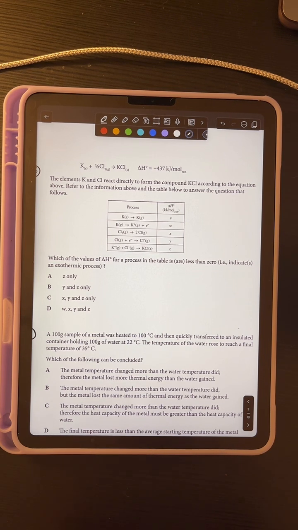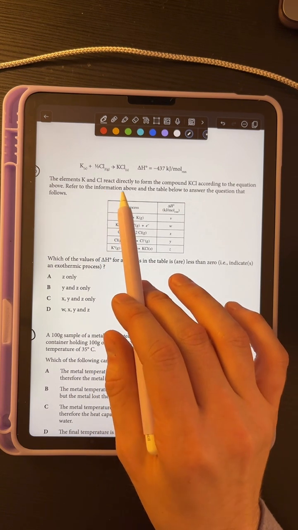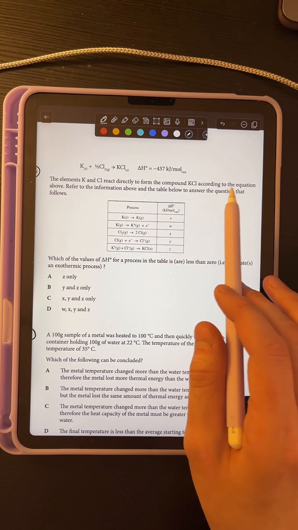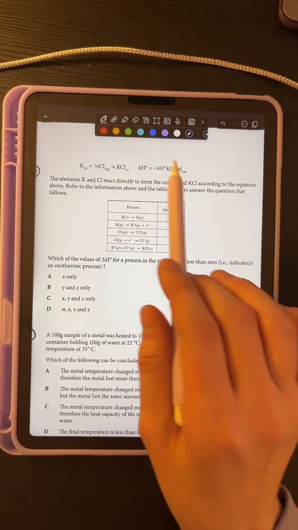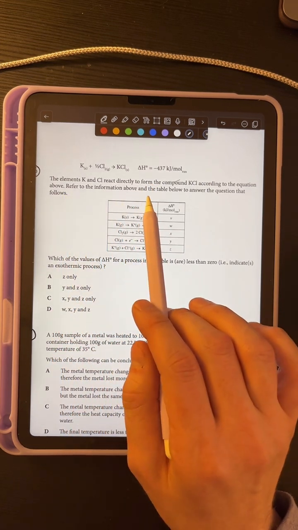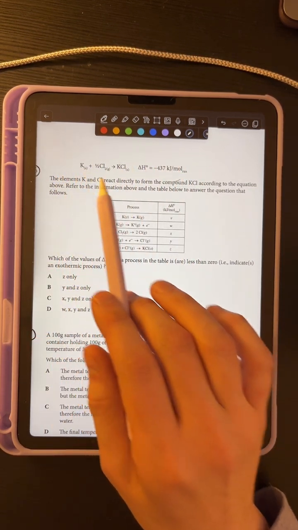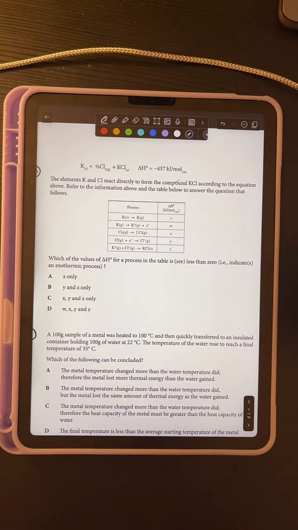So we have the elements potassium and chlorine react directly to form the compound KCl according to the equation above. So we have this equation above, and we're given a delta H. Refer to the information above and the table below. So the information above is our reaction, and the table below for this next question.